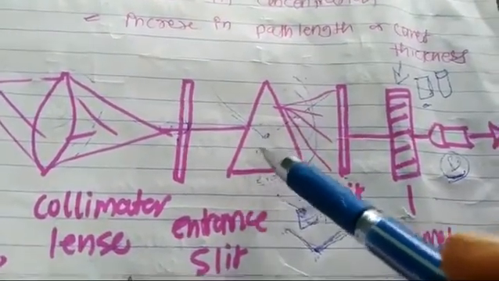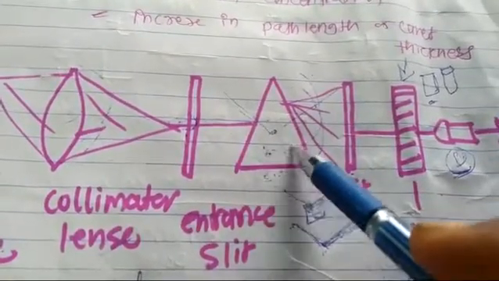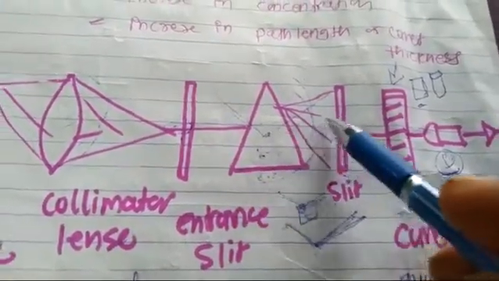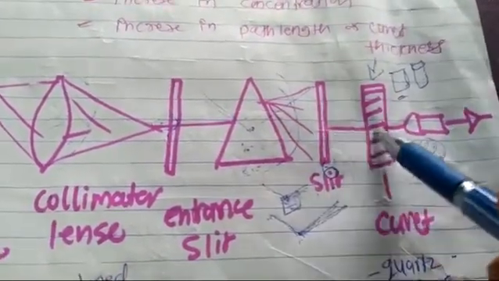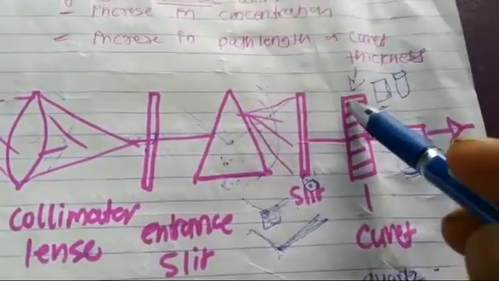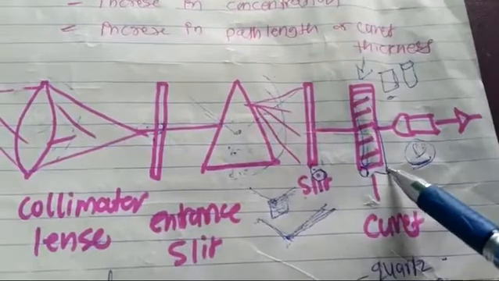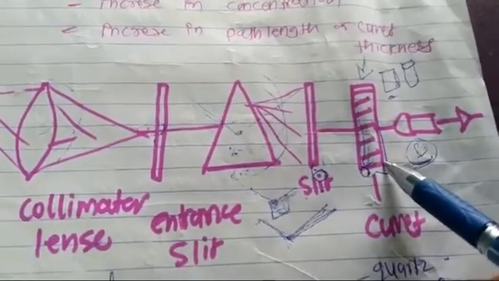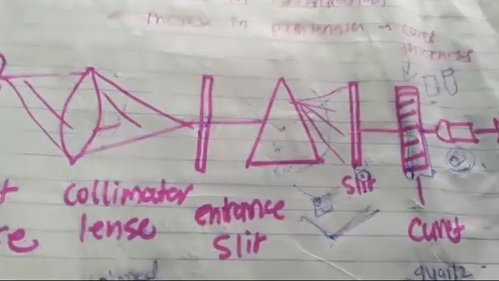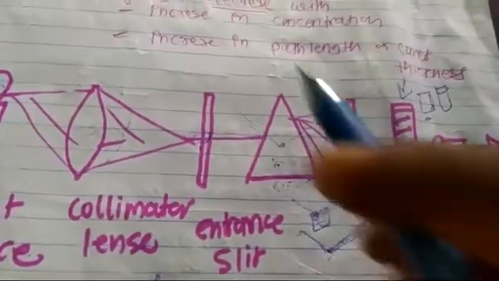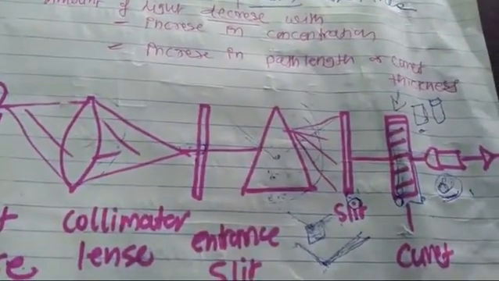In the grating there are many grooves, so many lines form replicas. These all go to the exit slit. After the exit slit the light comes to our sample in the cuvette, then the detector. So this is all the instrumentation and a general brief introduction of spectrophotometry.